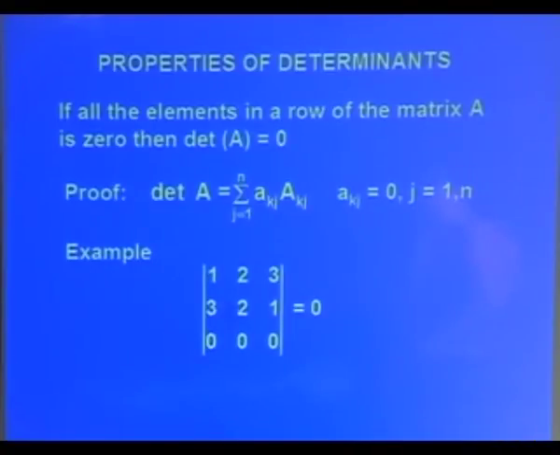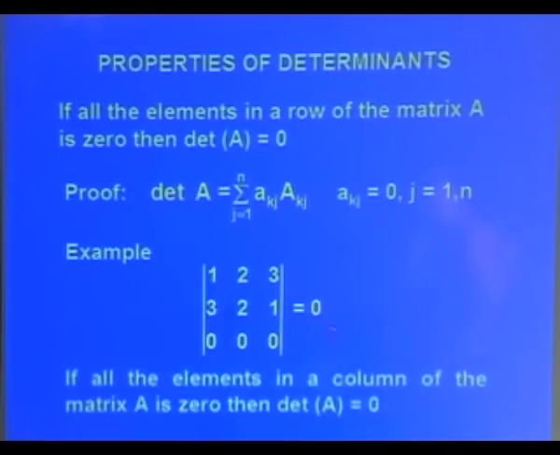For example, if we have this determinant in which the third row has all elements 0, then the final result will be 0. One can very easily check. We start with 0, whatever be the determinant, this term will not contribute. Same thing will happen with this multiplied by its cofactor, and this multiplied by its cofactor, which will also not contribute anything, and that is why we are having 0.